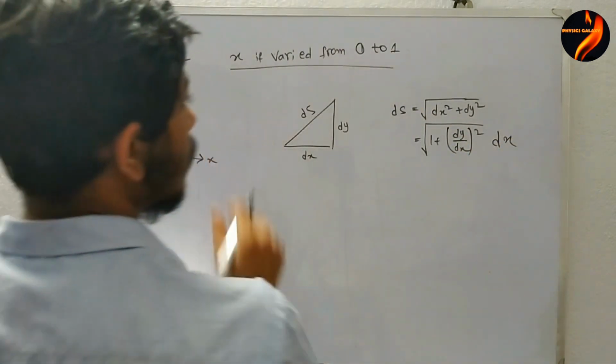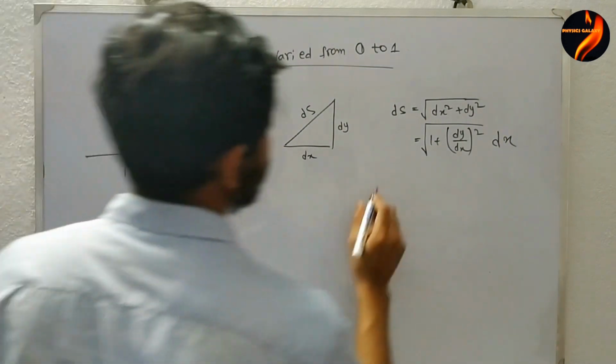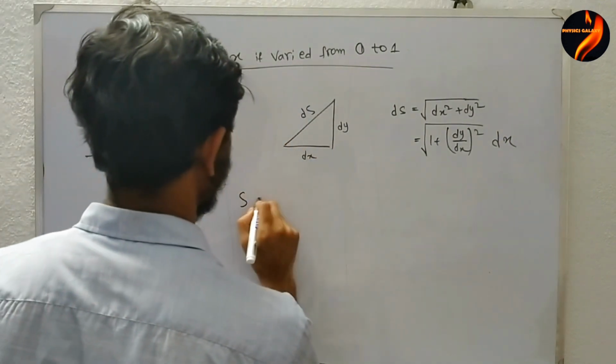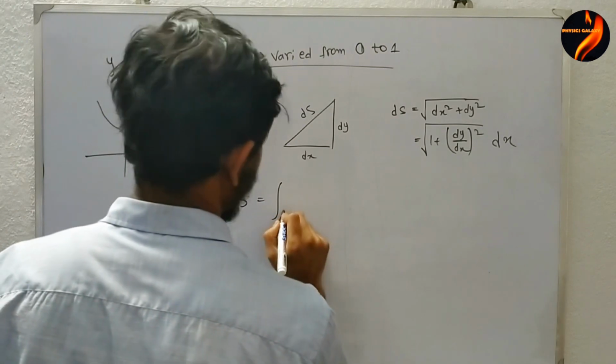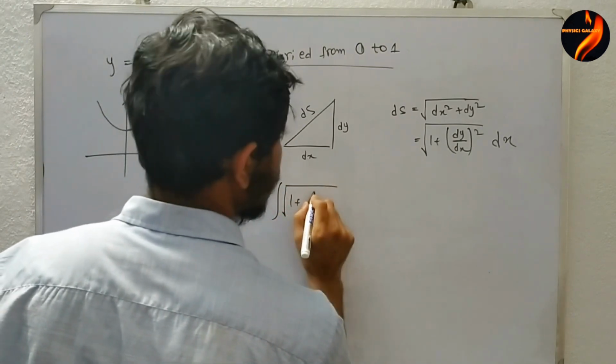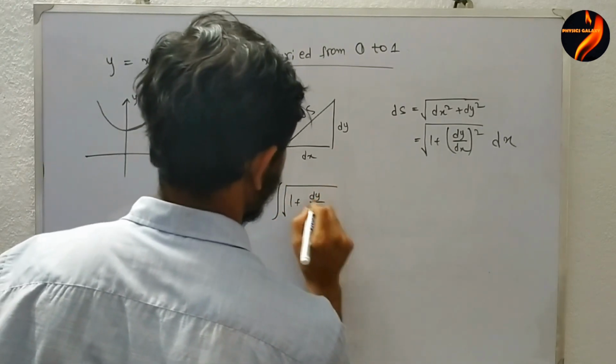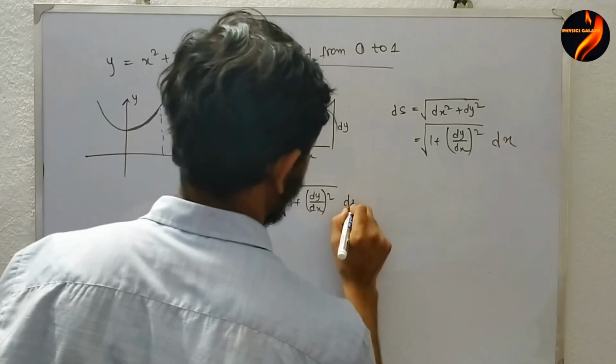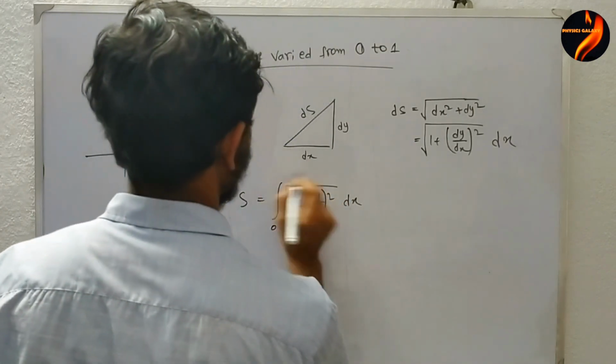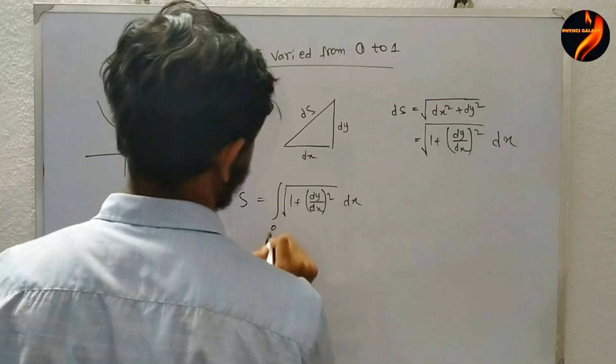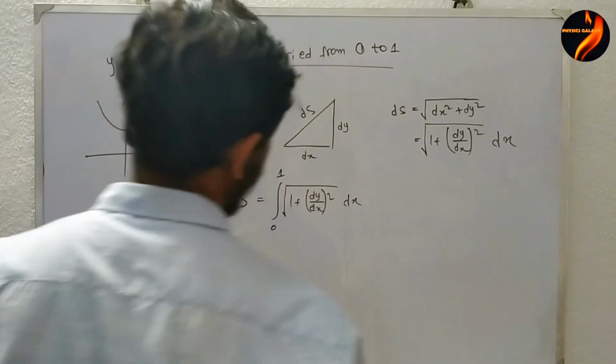Now the length of this whole curve is simply s equal to the integral of root over 1 plus (dy/dx) square dx, with x limit from 0 to 1.